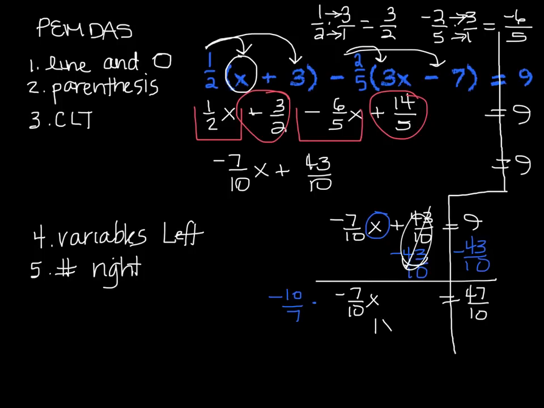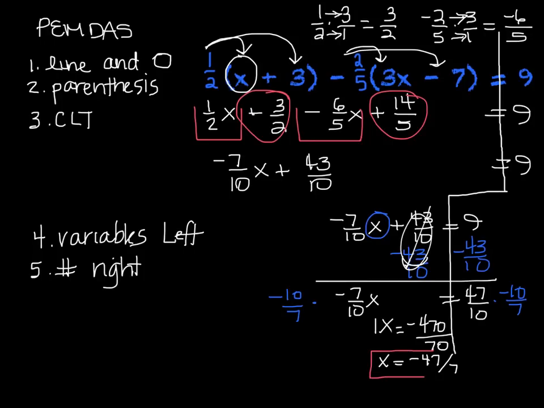I need to have 1x. But if I'm going to multiply by the reciprocal there, I need to multiply by the reciprocal here, and this will give me negative 470 over 10, nope, over 70, which will give me x equals negative 47 over 7.